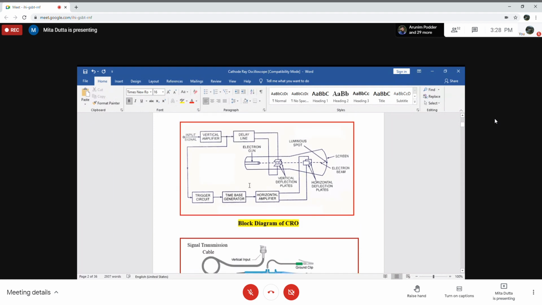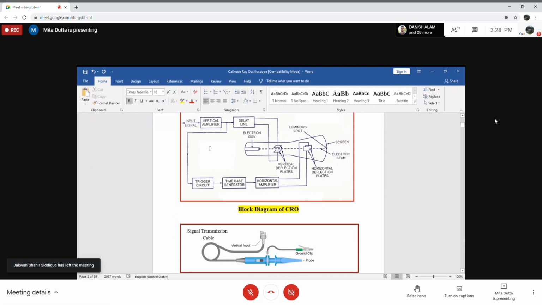Now, when we want to display any signal on the oscilloscope screen, we first sense the input signal at the source by using this oscilloscope probe.